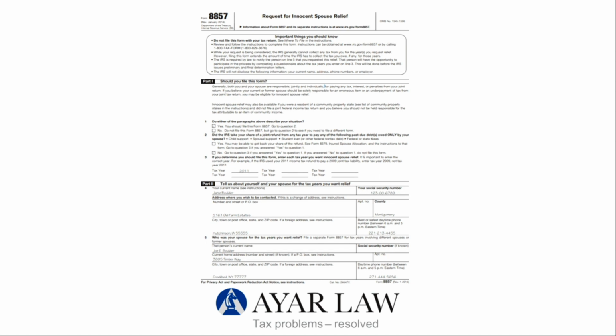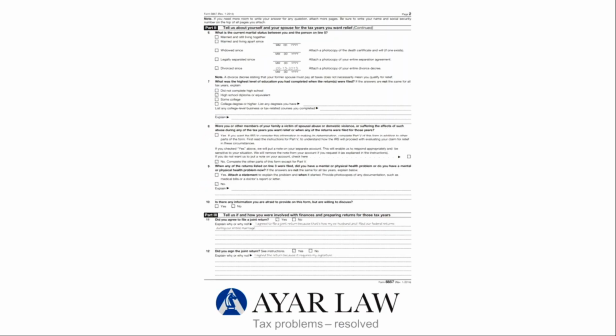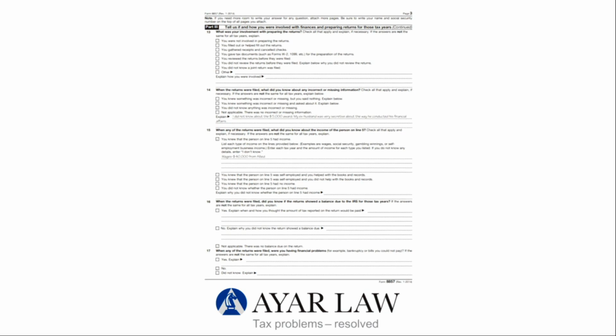This is the form. It's 8857. It's got numerous pages. It starts by asking for information about the taxpayer and the tax years. It goes over the debt, and then it asks a series of detailed questions about why you think the spouse qualifies for relief. It'll go over many of the factors that we discussed in question and answer format.